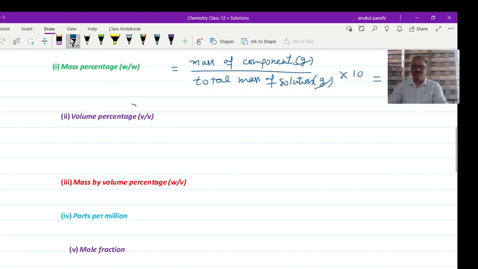Of course, this method is required when components of a solution are liquids. Here mass of a liquid cannot be determined easily, but volume of a liquid is easy to determine. How to determine volume of a liquid? For volume, we have measuring cylinders in the lab.